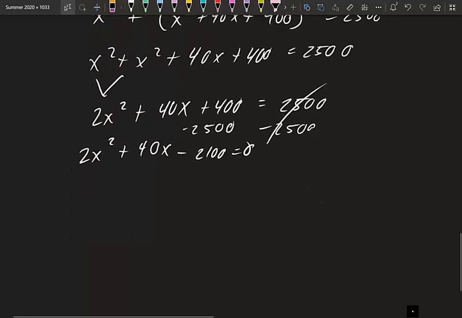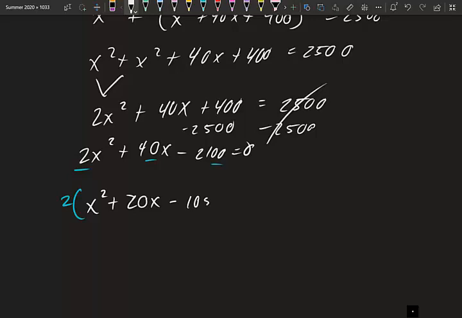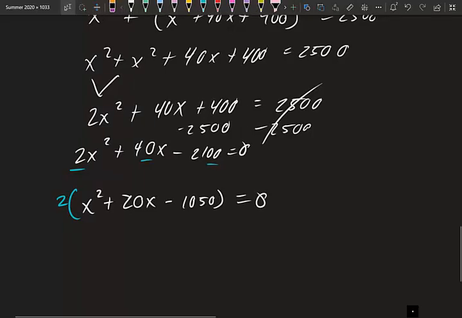We can take a GCF out because they all have 2 in common. They're all even. And to solve this, we can use the quadratic formula.